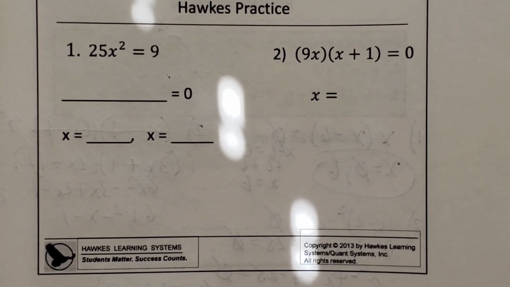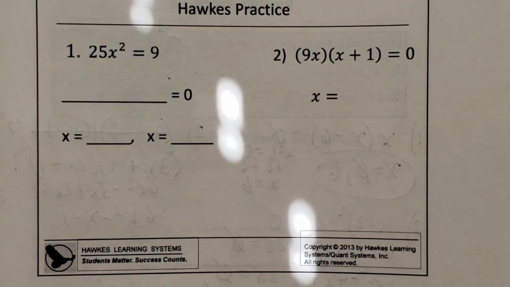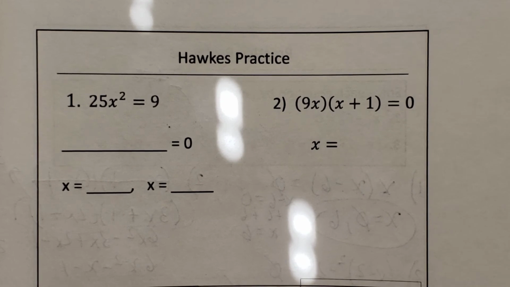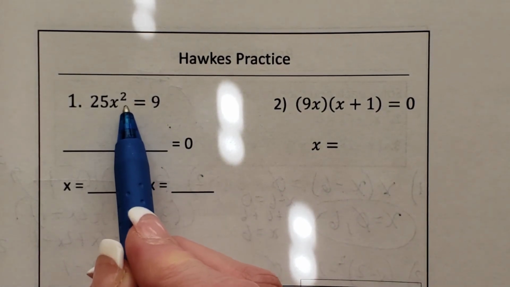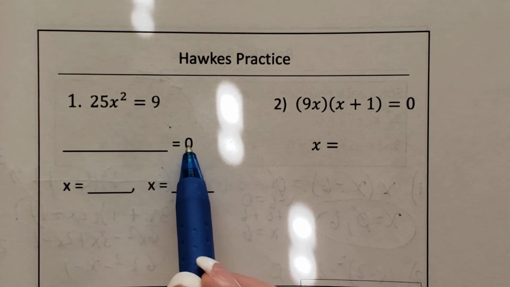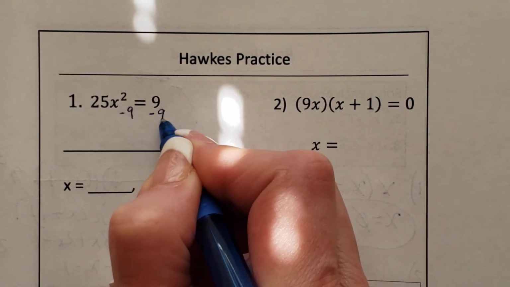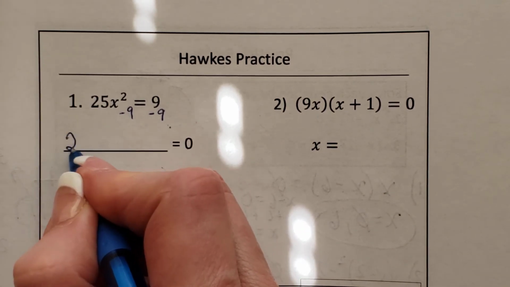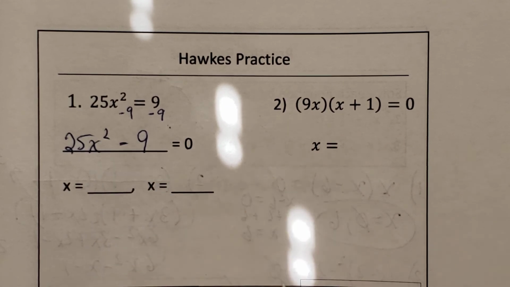All right, so the first one, if you're solving quadratic equations, you have to have your equation set equal to 0. So this is straight from my Hawks. The first thing I'm going to do is subtract 9 so I can set this equal to 0. Hawks would want me to type in this first.